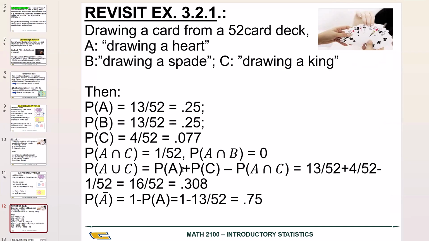You just plug in and you get 16 by 52 or 0.308 if you keep 3 digits. And the complement of A, which is not drawing a heart, is just 1 subtract P(A), and then you get 0.75.